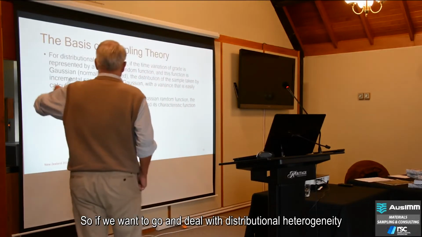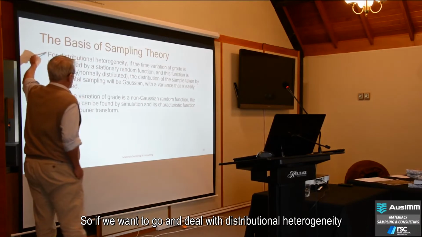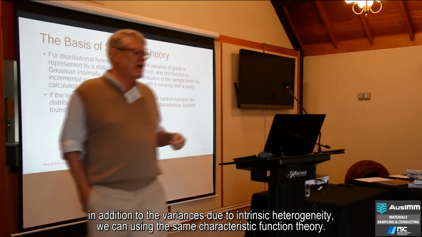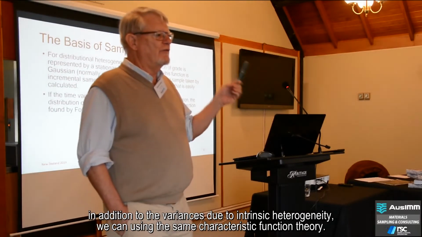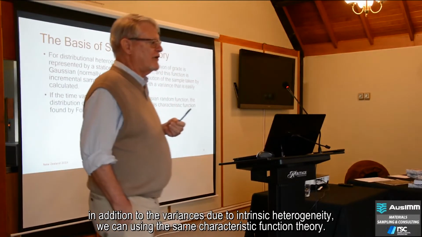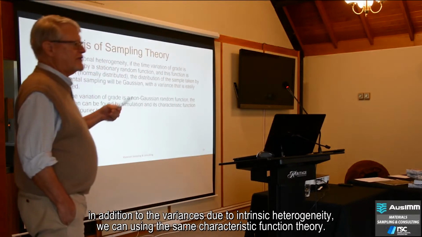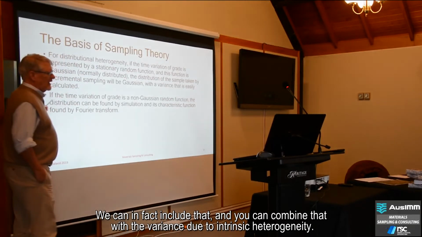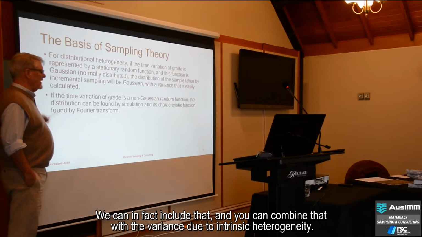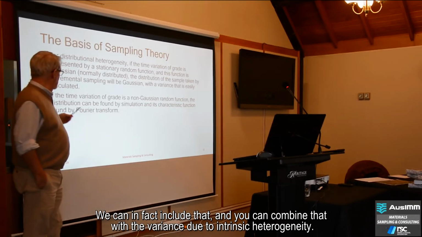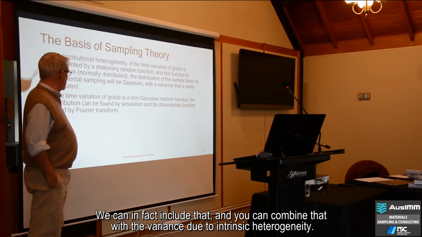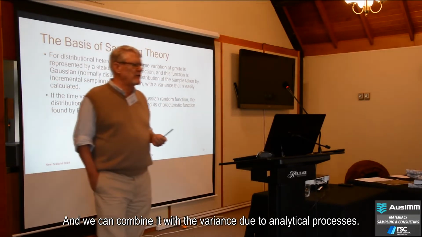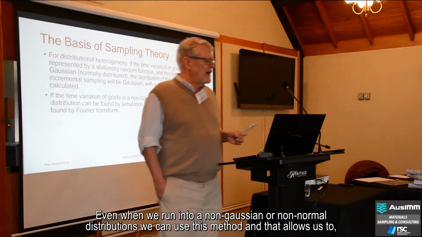If we want to deal with distributional heterogeneity in addition to the variances due to intrinsic heterogeneity, we can, using the same characteristic function theory, include that. We can combine that with the variance due to intrinsic heterogeneity, and we can combine it with the variance due to analytical processes.